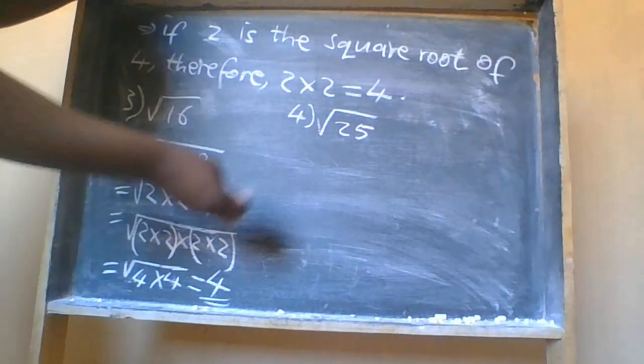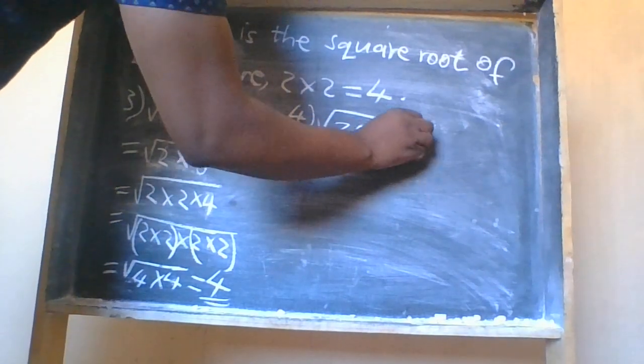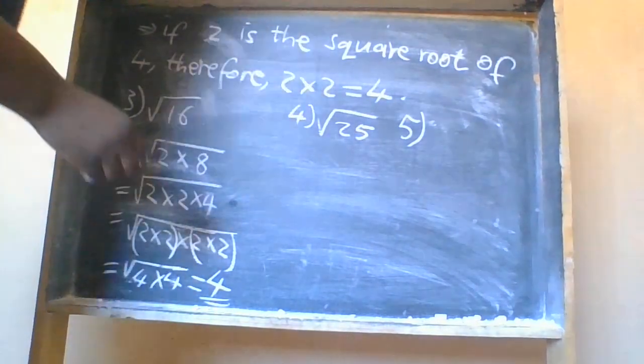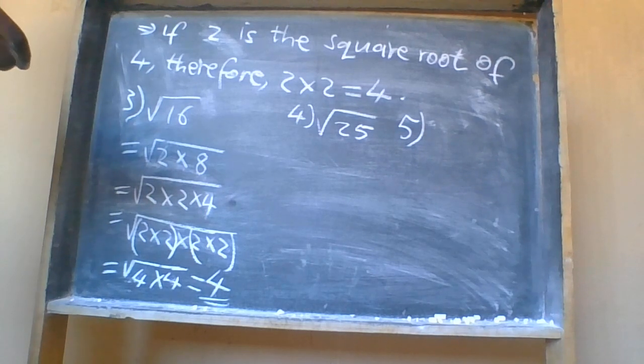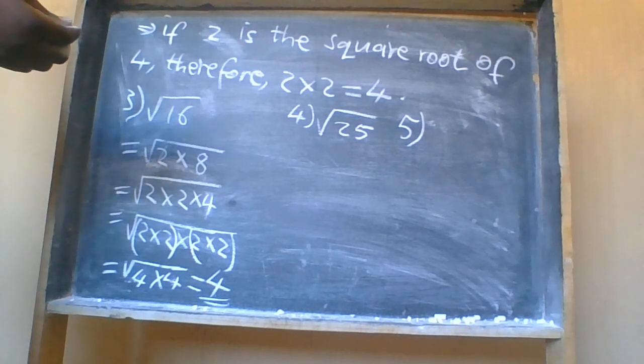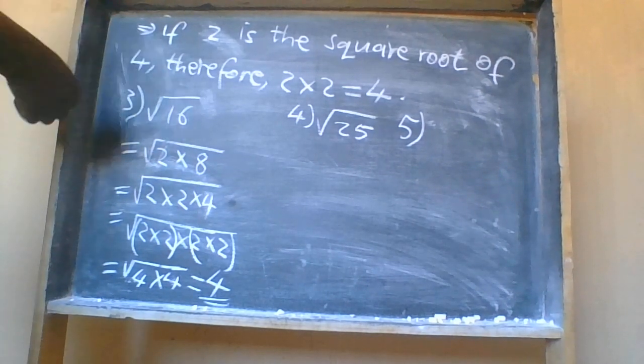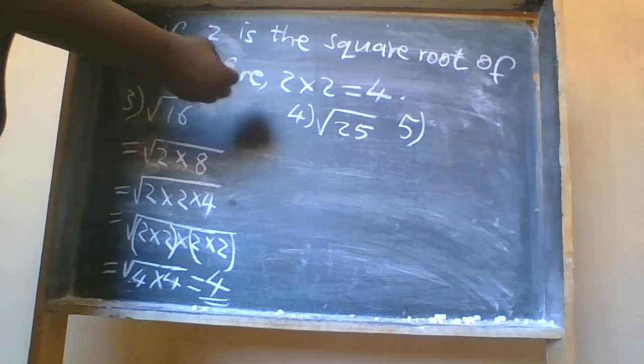Okay, so number 5. When we say the square, maybe others wouldn't have understood what the square means.